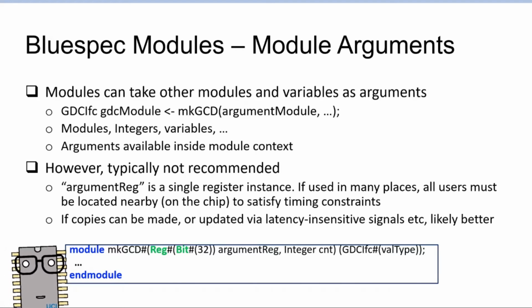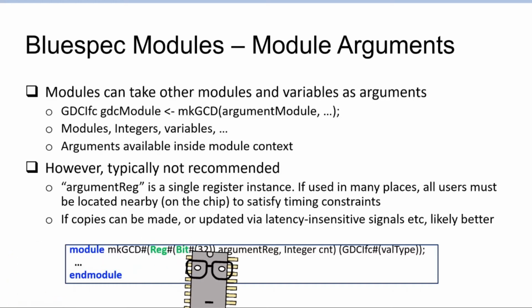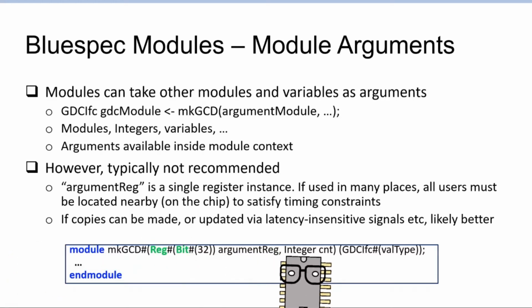If you have a memory controller, for example, which has lots of interface methods, and you don't want to wire them together one by one, you can simply give the memory interface, the BlueSpec interface, as a parameter to the module, and you can use it internally just like you would outside.